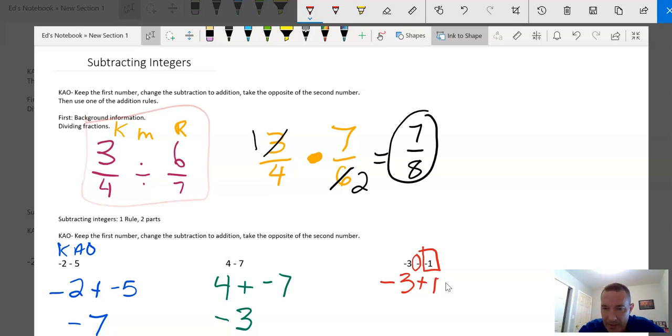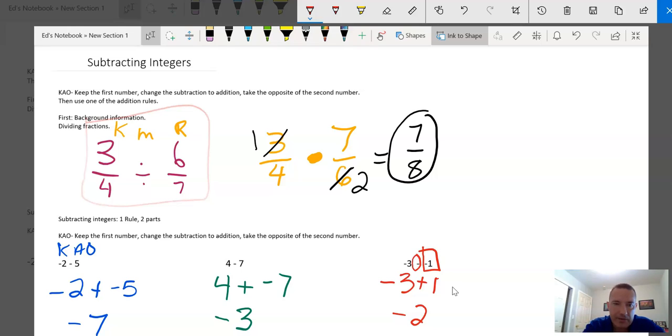They're different, so we have to subtract. 3 minus 1 is 2. Which is the sign of the larger absolute value? Which one's further from 0? The -3. So we're going to keep that negative there for a -2. And again, the +1 and the -1 would cancel, and there'd be 2 negative leftovers.